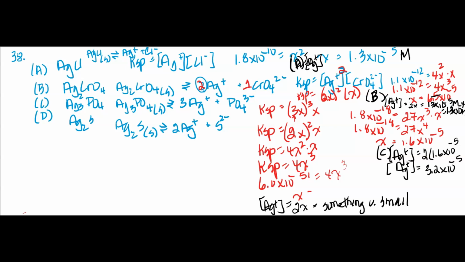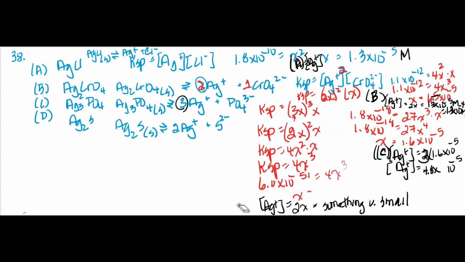And for C, our silver ion concentration is 3 times, excuse me, let me fix that, 3 times x, because there are 3 silvers, so that's 4.8 times 10 to the minus 5.